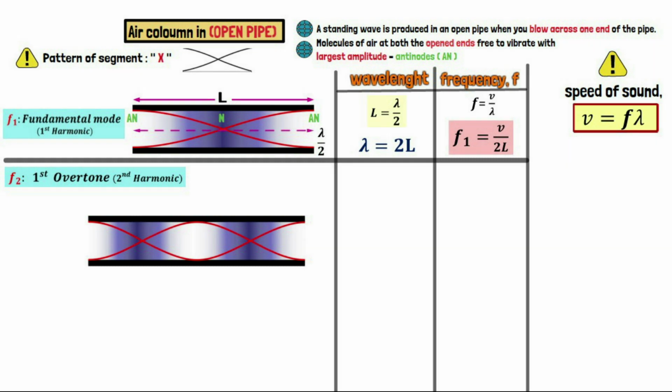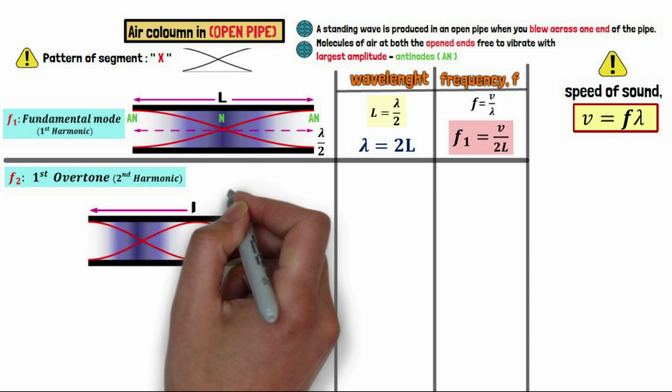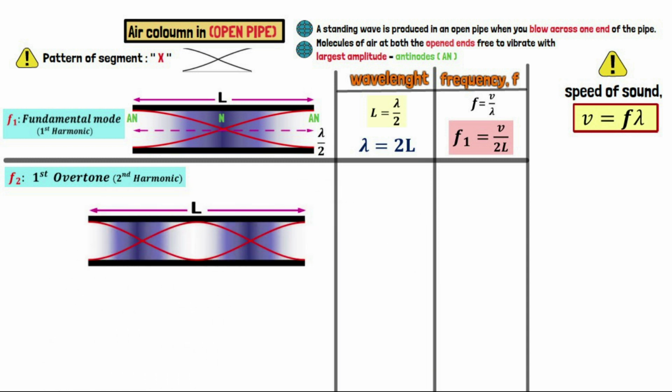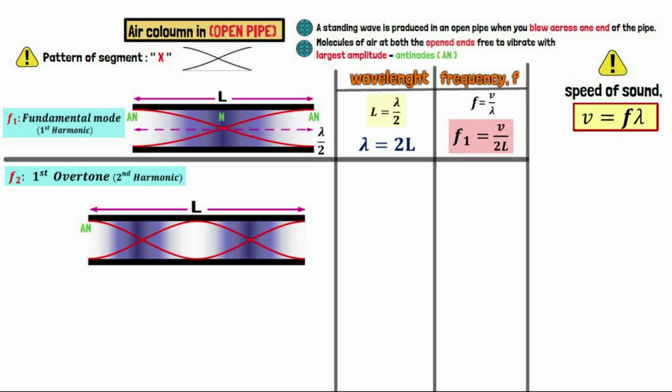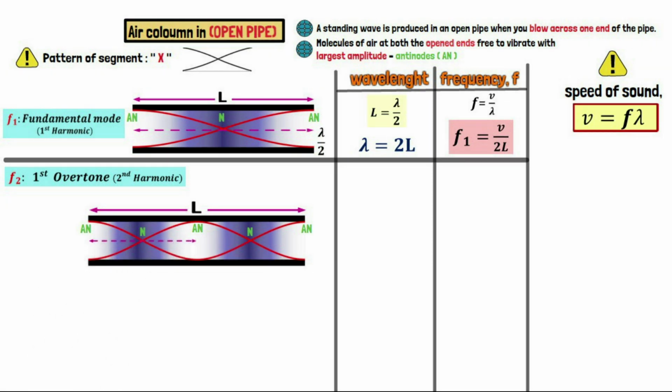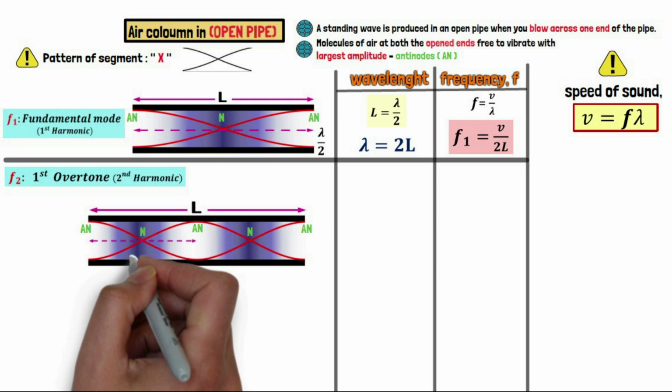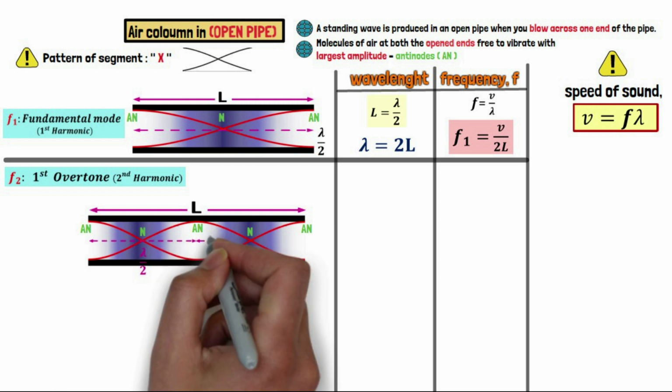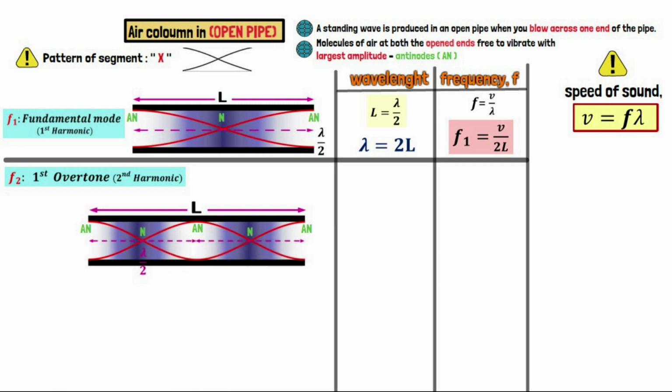Okay? And then macam biasa, the length of the open pipe is L. And you must know how to label the position of the antinode and the position of all the nodes. Okay? And then based on the pattern of the standing wave produced in the open pipe, so you can see here, we have the first lambda over 2 here. And then we have another lambda over 2.